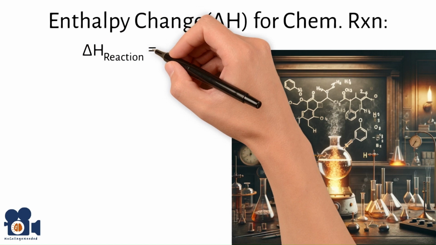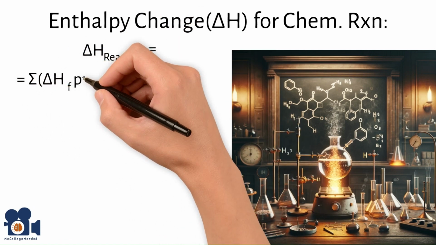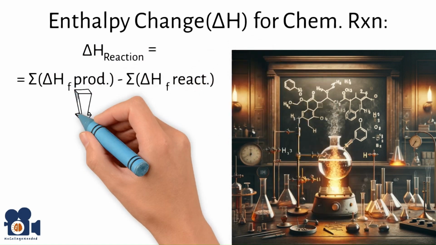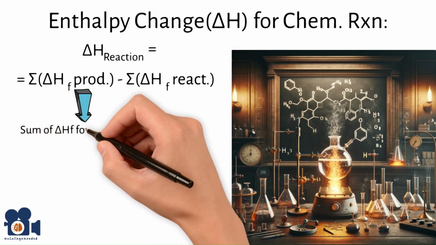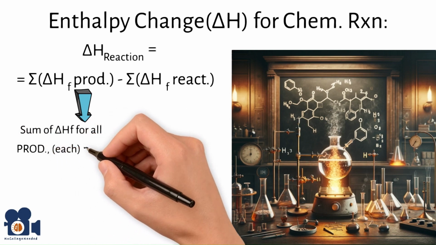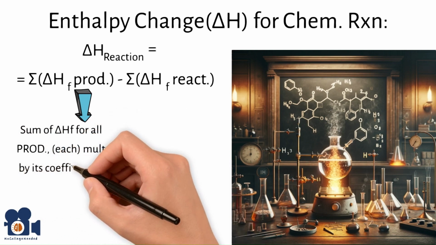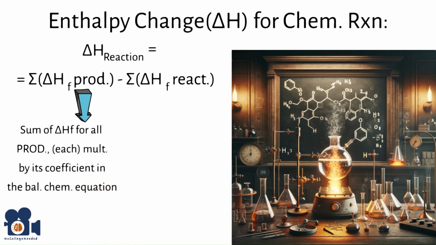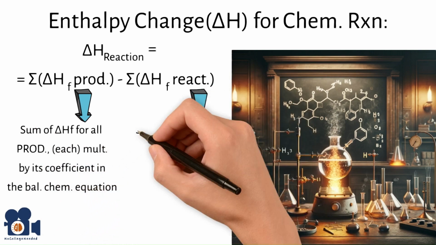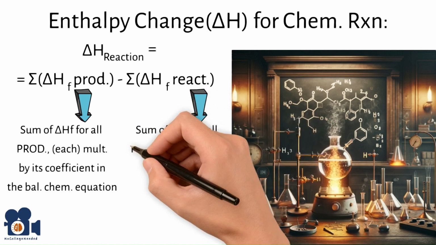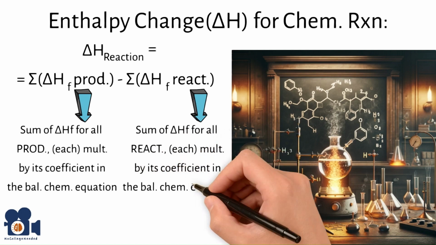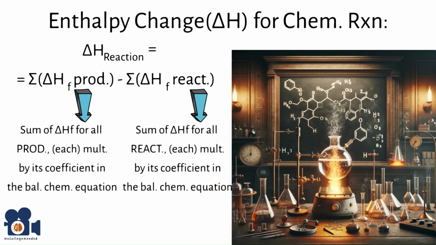Delta H reaction equals the sum of delta Hf of the products minus the sum of delta Hf of the reactants, where the sum of delta Hf of products equals the sum of the standard enthalpies of formation for all the products, each multiplied by its coefficient in the balanced chemical equation, and the sum of delta Hf of reactants equals the sum of the standard enthalpies of formation for all reactants, each multiplied by its coefficient in the balanced chemical equation as well. Let's go through an example with our handy combustion of methane.